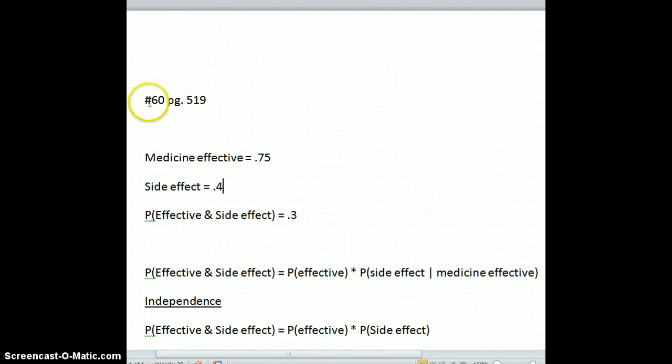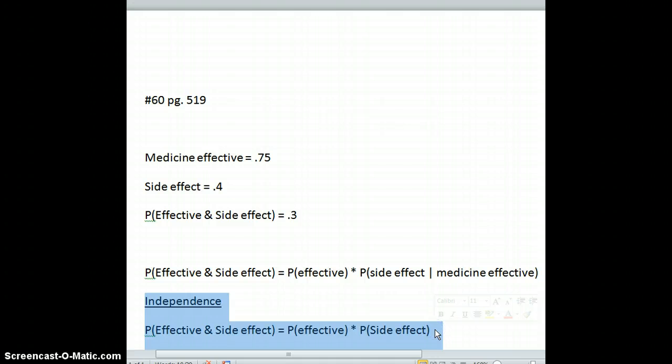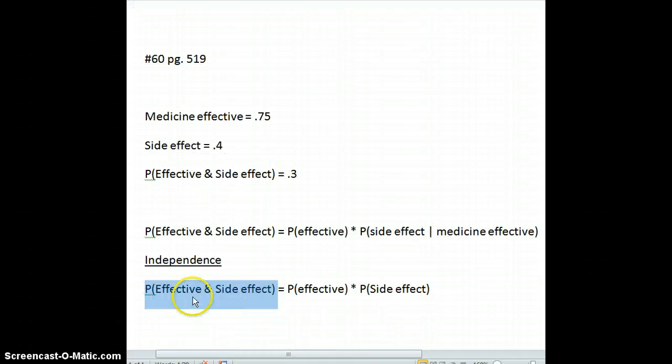Alright, for number 60, here's the information we're given. And here's what you have to do to test independence. Okay, if we're trying to find the probability that two events happen, so in this case, it's the medicine works, it's effective, and you have the side effect. If they're independent events, you can just multiply the probabilities of each of them together, and that'll give you the probability that both things happen.